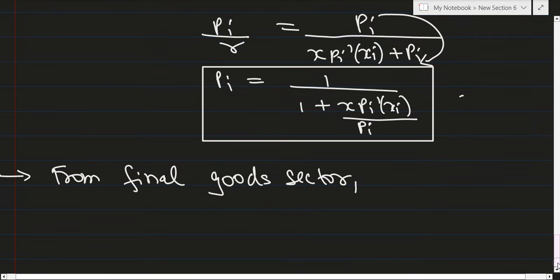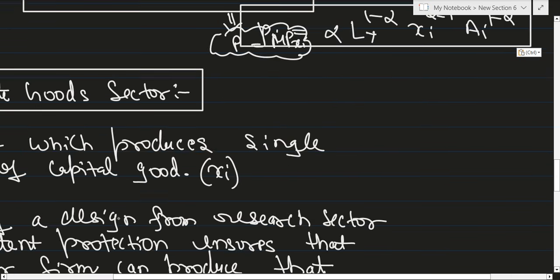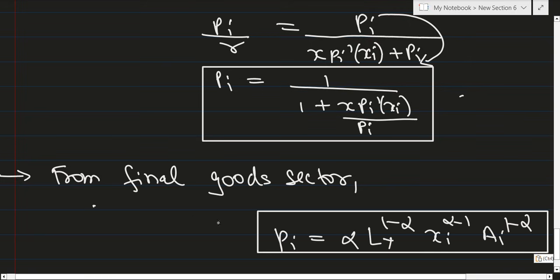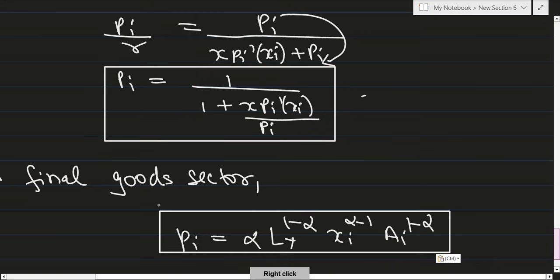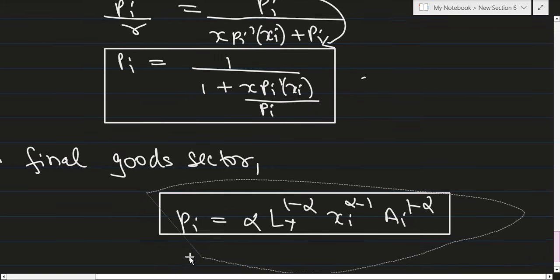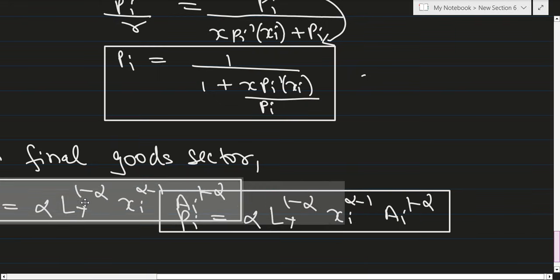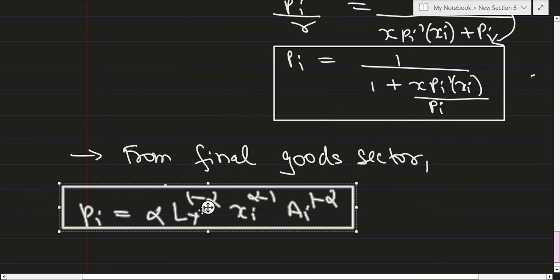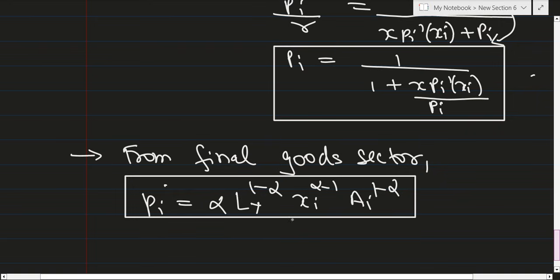Let's copy it here. So we have this expression, and this is from the final good sector. From the intermediate good sector, we have this Pi. Now what we want is something about this thing, Xi into Pi dash Xi upon Pi.